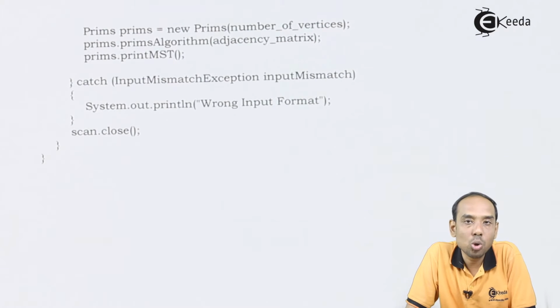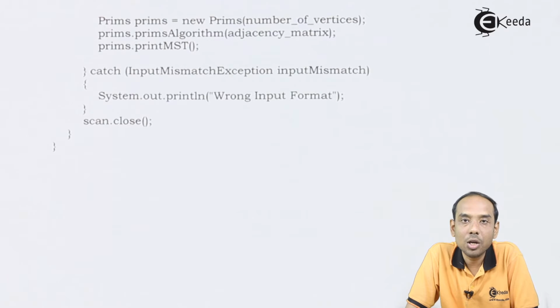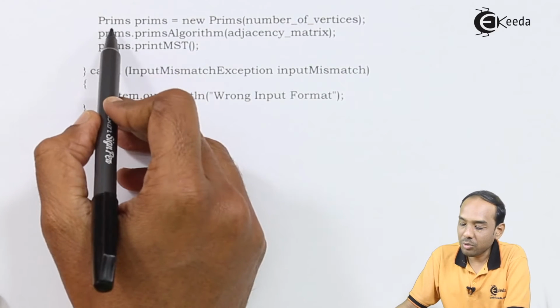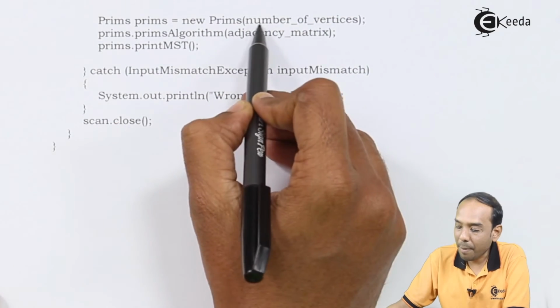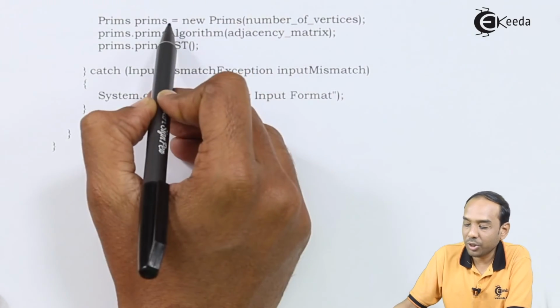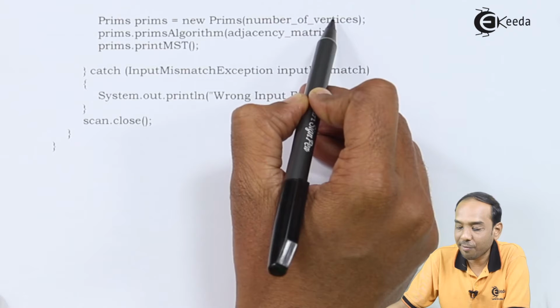Once we are done with the source, destination vertices and the weight of the graph, now we need to create the object of the class and call the particular functions to perform Prim's algorithm. Let us begin with the logic. We have prim equal to new Prim with the parameter number of vertices. So the object is created with the parameter of number of vertices.